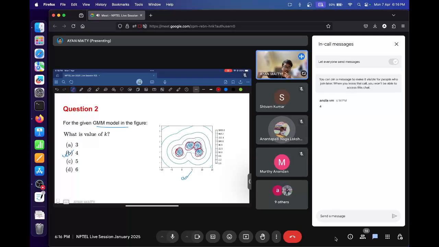From the contours given, we can see that the GMM model is able to find 4 clusters, and each cluster is a Gaussian. So there are 4 such Gaussian-like distribution shapes. So there would be 4 clusters, so the value of K would be 4 in this GMM model. So the correct answer would be 4.